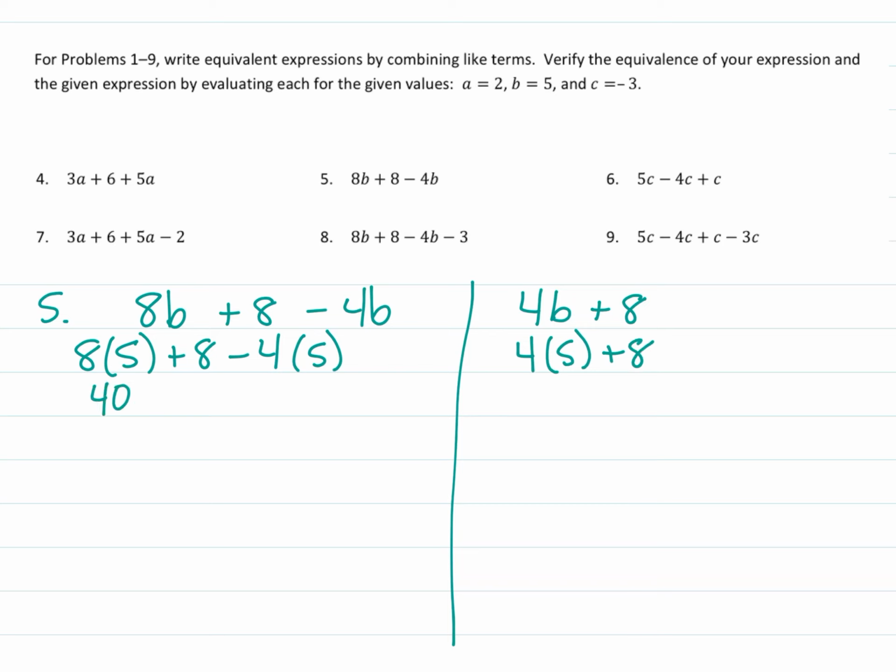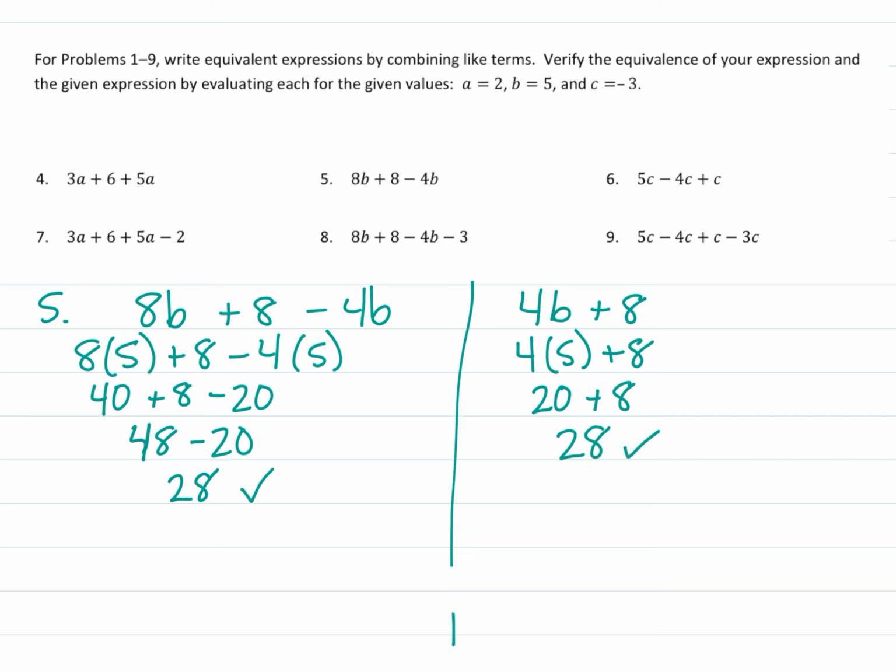Eight times 5 is 40. 4 times 5 is 20. 40 plus 8 is 48. And 48 minus 20 is 28. With our equivalent expression, 4 times 5 is 20, and 20 plus 8 is 28. So they are equivalent to each other.